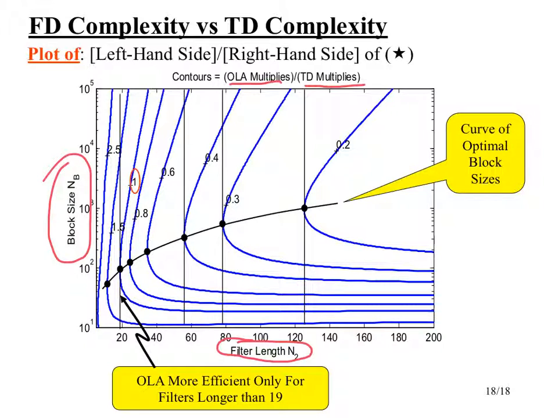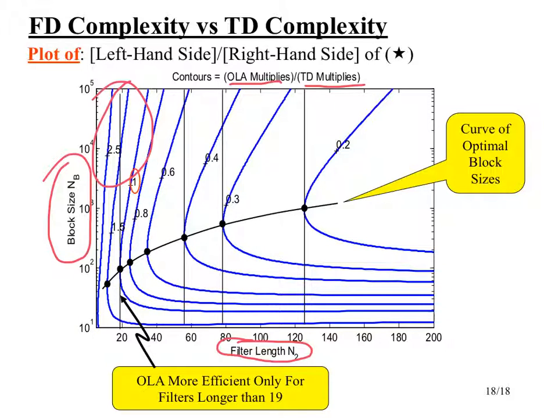We're ignoring the issues of powers of 2 and so forth. If we plot that as a contour plot, imagine this is like a topographical map showing us a hillside. We can see that in this region over here we have contours that are bigger than 1.